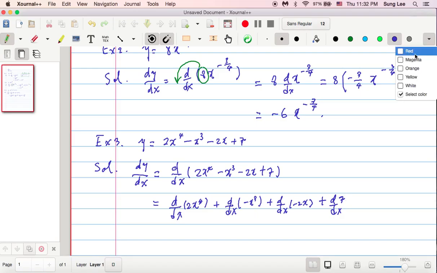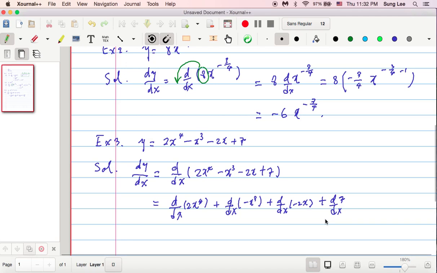You remember the first property: this is the derivative of a constant function, so that becomes 0. Here the constant multiple can be brought outside of the derivative. Negative 1 can come outside, and negative 2 can also be brought outside of this derivative.